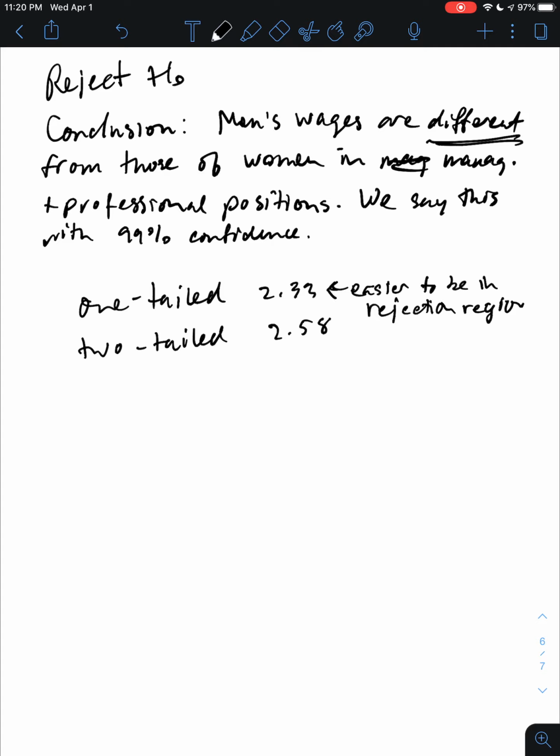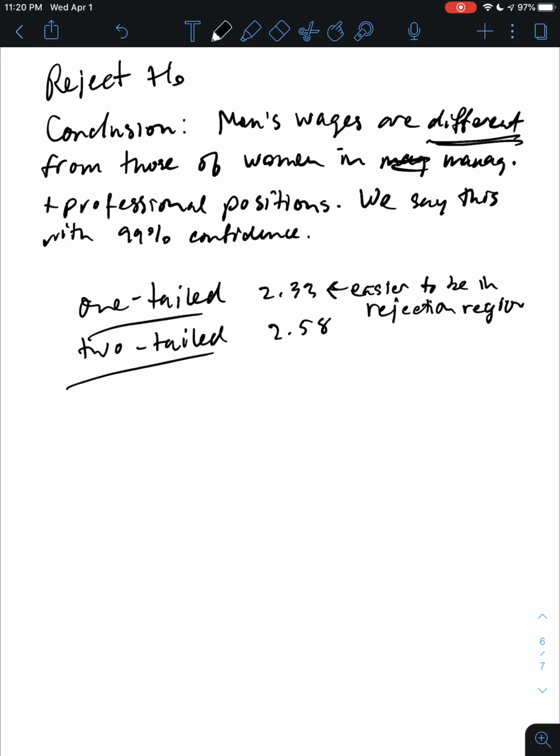But you can't fool around with this. This is a big statistics no-no, to change from a two-tailed test to a one-tailed test, because the one-tailed test is easier. It happens, unfortunately, often, but it's so bad it might even be called academic misconduct.